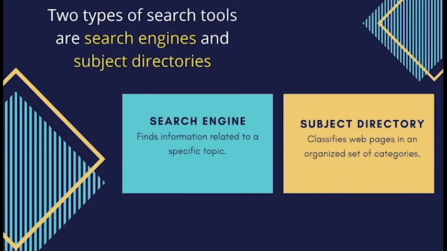Then we have the subject directory. It classifies web pages in an organized set of categories. It is basically an online database of websites and online information set up and categorized by subject. So basically it is a directory, an online database.